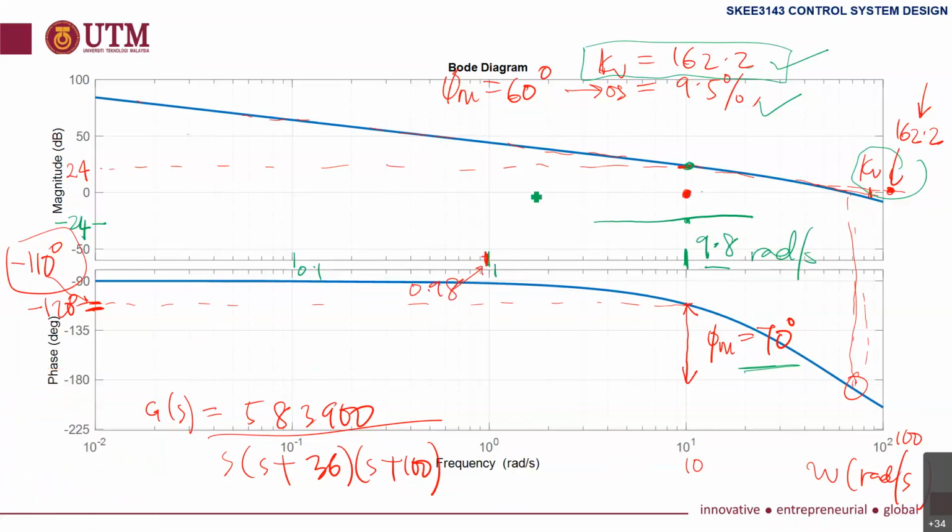We make a line until 0.98, 1 decade from the initial point. That means it is minus 24 dB.